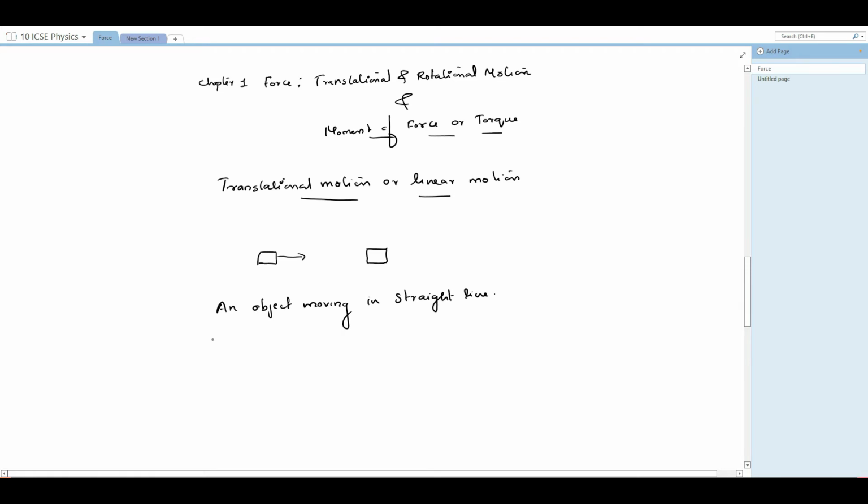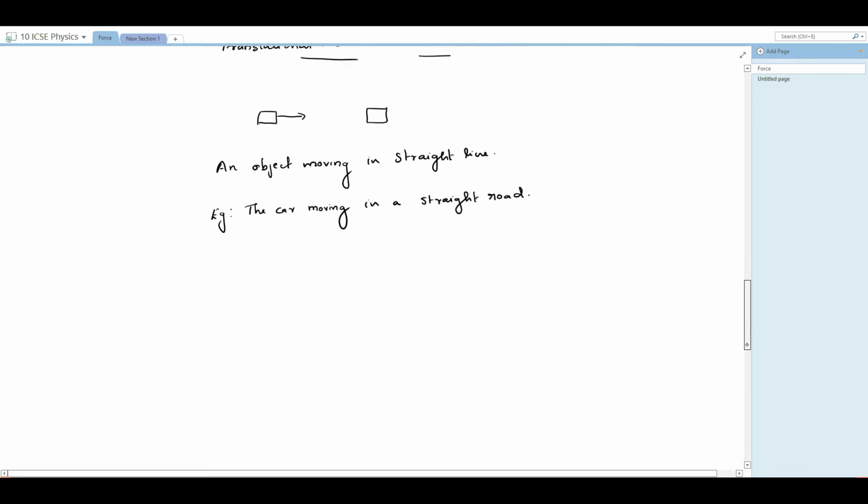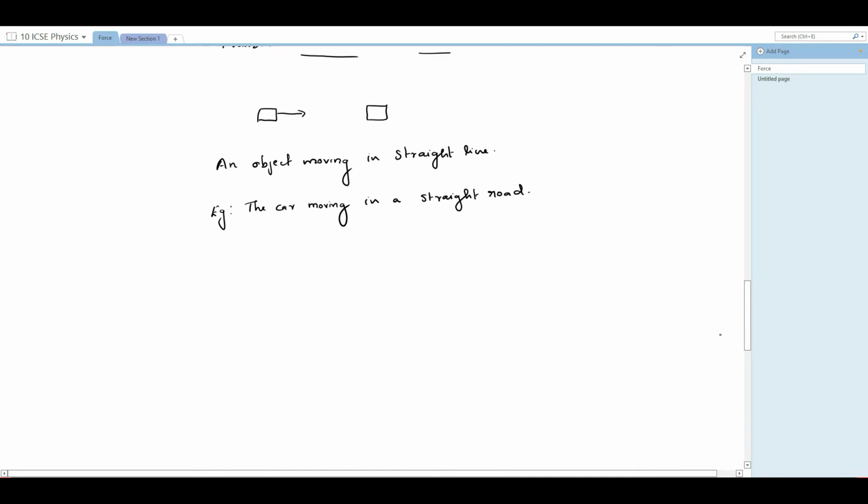The example for it, as I discussed, is the car moving in a straight line or on a straight road. This is an example of translational or linear motion.